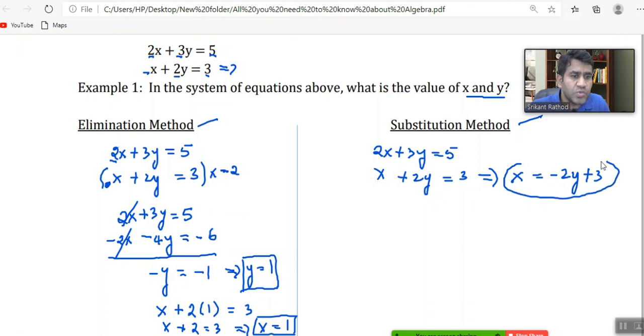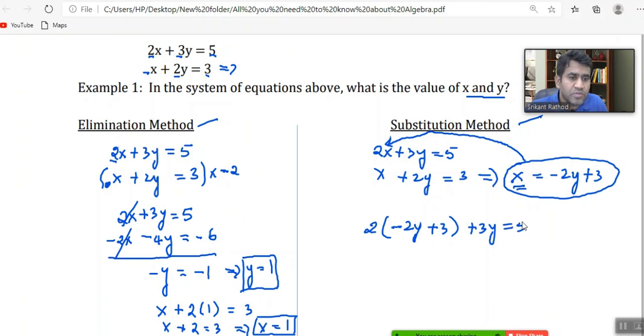Now substitute this expression for x, wherever x appears, into the other expression. So this becomes 2 times (-2y plus 3) plus 3y equals 5.